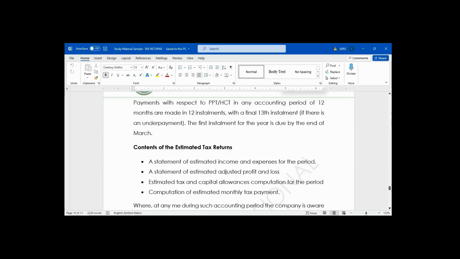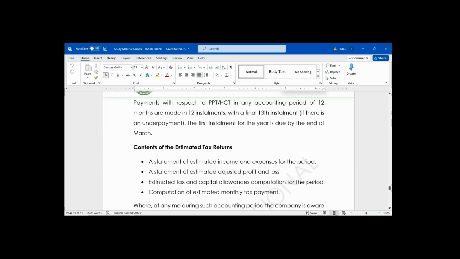Now, what are the contents of this estimated tax return? First, statement of estimated income and expenses for the period. Another one, statement of estimated adjusted profit and loss.